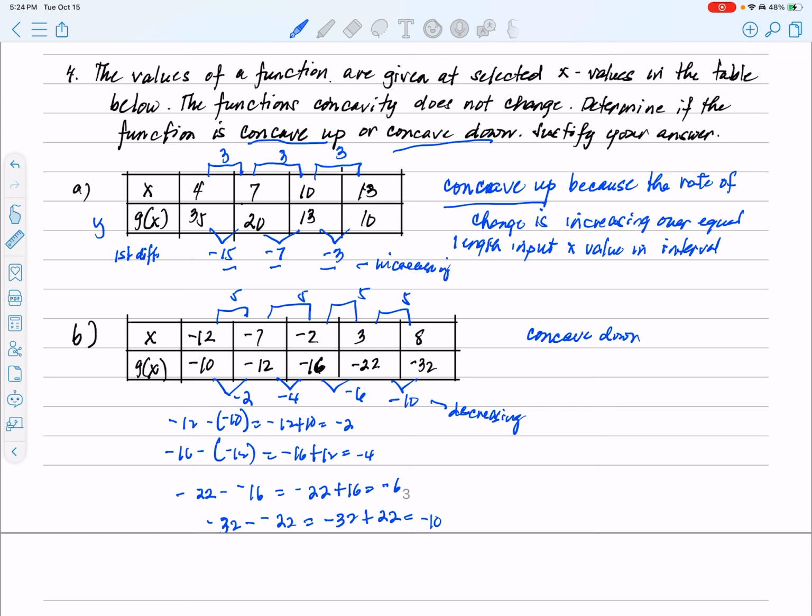Okay? What's your reason? You could say because of the rate of change. What can you say about the rate of change? Is decreasing.